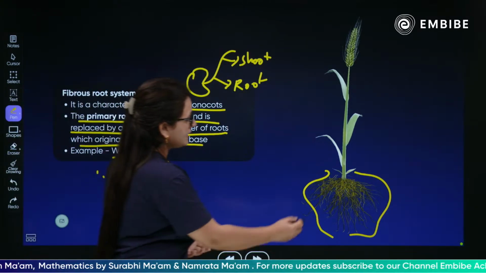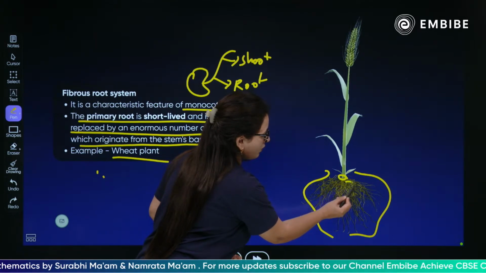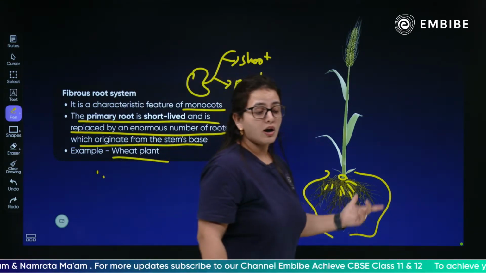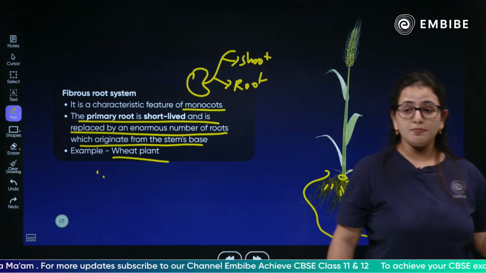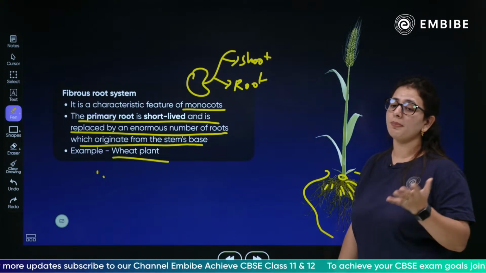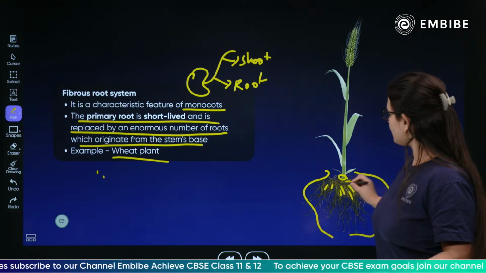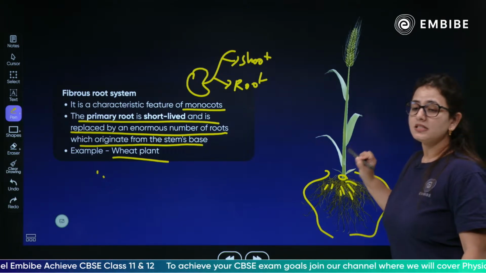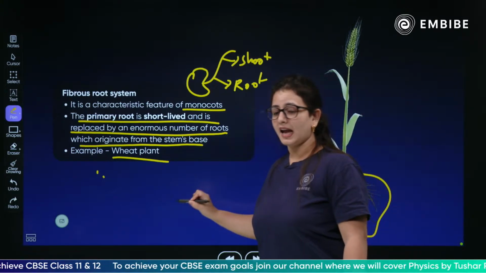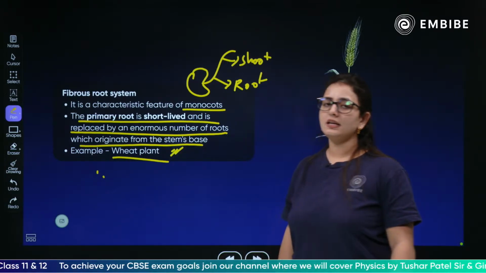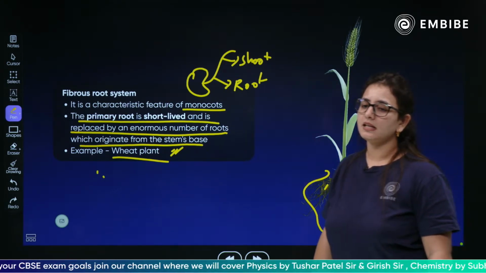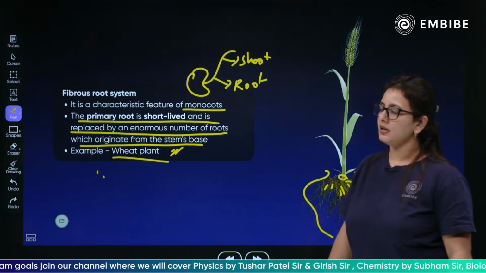As you can see, this is the stem and they originate from that only, and that is why it is called a monocot. Monocot plants are not that well developed. A single cotyledon develops the whole root system, and that is why these roots are typically attached to the stem. Such a fibrous root system can be seen in the wheat plant.